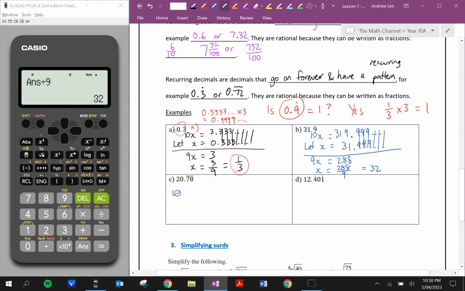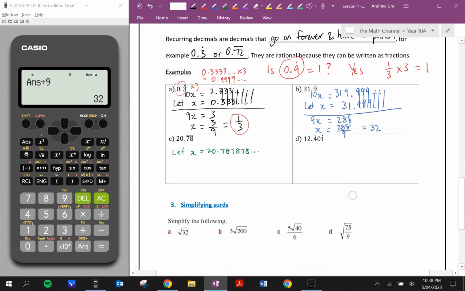So here we're going to let x equal 20.787878 forever. But I'm not going to times this by 10. Let me show you why. If I were to multiply by 10, I'll get 10x equal to 207.878787 forever. But they don't line up, so I cannot subtract them.